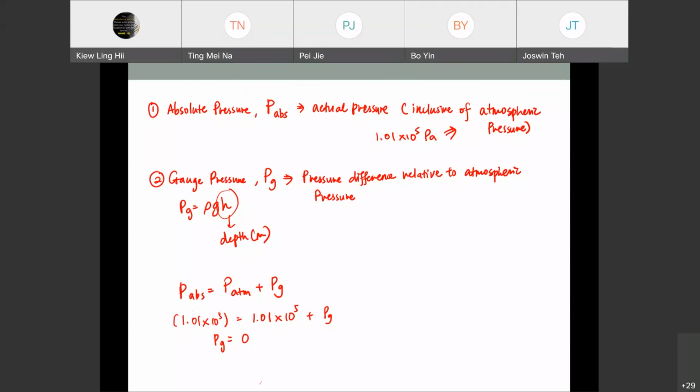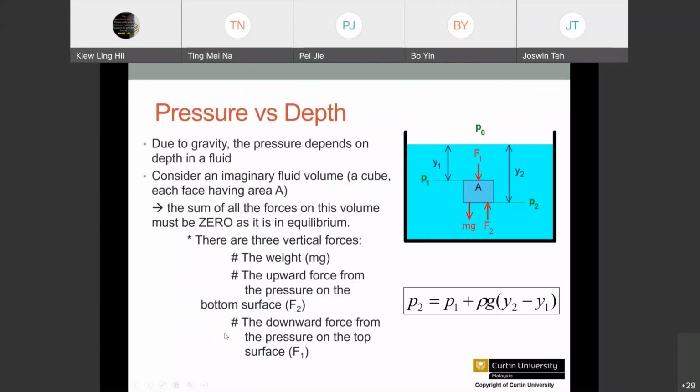So once we have some knowledge about pressure, let's see the relationship between the pressure and the depth of the object down underneath the water. We will use water as the example in this topic because the pressure that we can feel in the water is larger compared to the air.